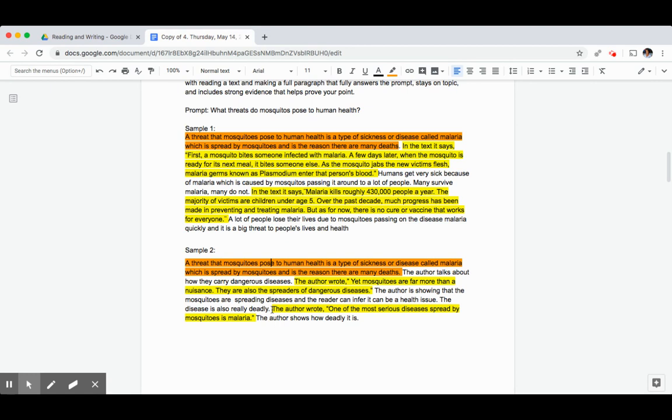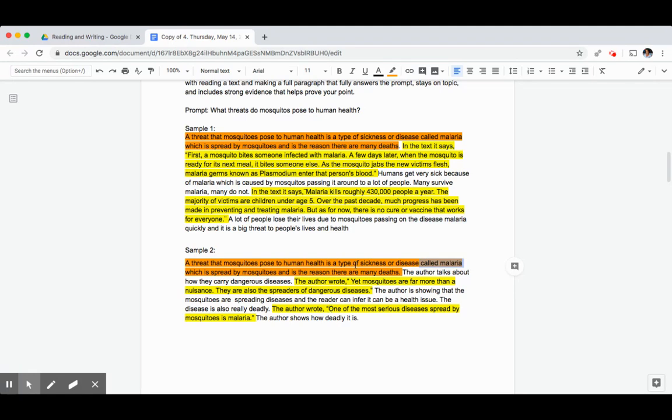Your point was to prove how much of a threat mosquitoes are to human health. But you didn't really prove that because even though you mentioned mosquitoes can spread serious diseases, you never mentioned the disease you were supposed to talk about from your assertion, malaria. And then when you did mention malaria, your evidence basically just repeated your assertion and said that mosquitoes spread malaria.